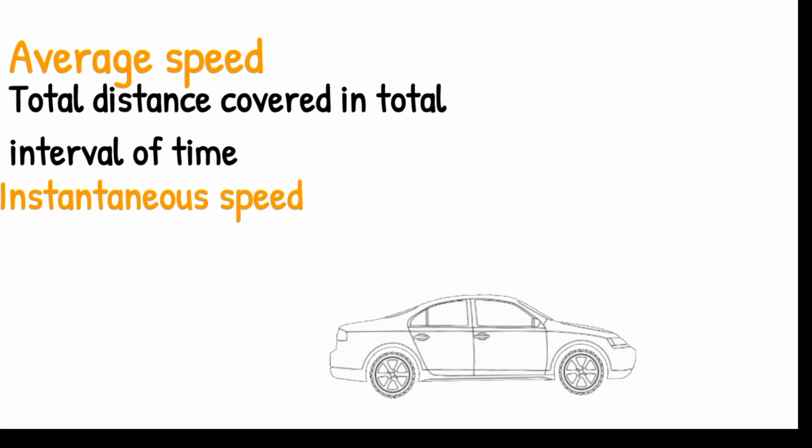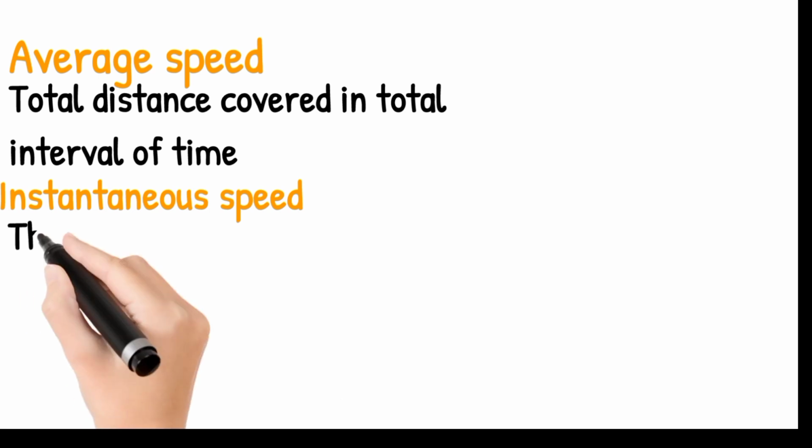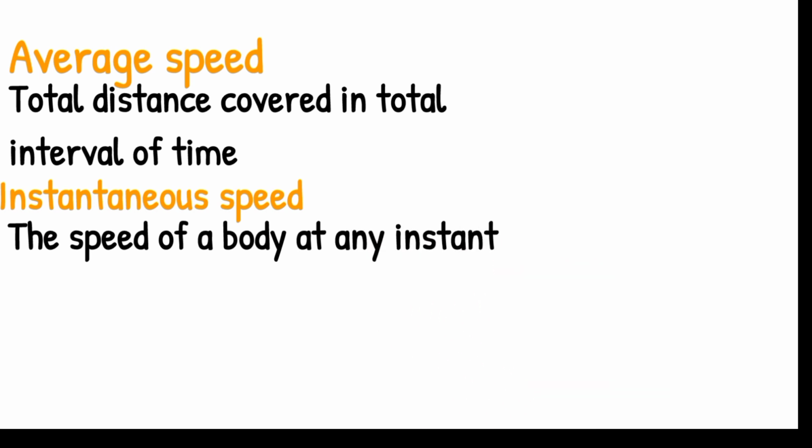Now this speed that you tell him is only for an instant of time because your car speed is changing continuously. Now this speed is known as instantaneous speed. So from this example, we can define it easily: the speed of a body at any instant is known as instantaneous speed. So this was all about speed and its types.